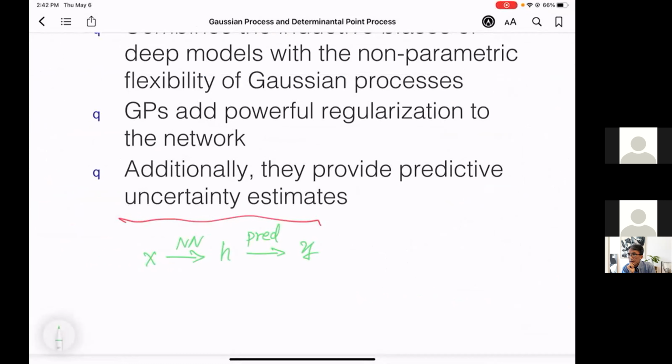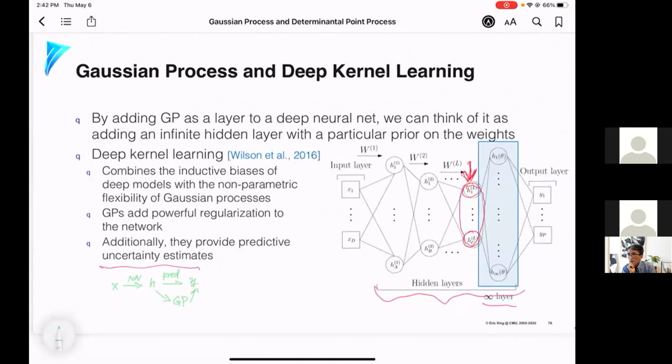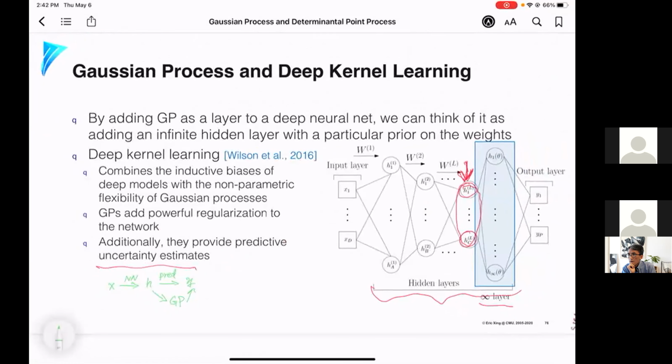And then for the Gaussian process, what we do here is that we take this H, plug it into a Gaussian process, and then use it to make the prediction for Y. This diagram on the right is saying that if we follow the second path I just drew, it's equivalent to plugging in one final layer after this H, and this final layer will contain infinitely many neurons. That's the claim in the paper.